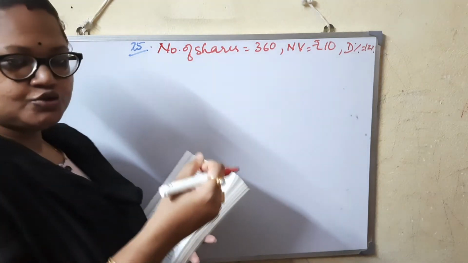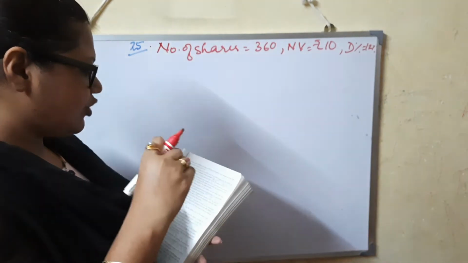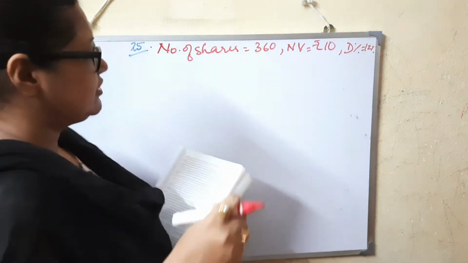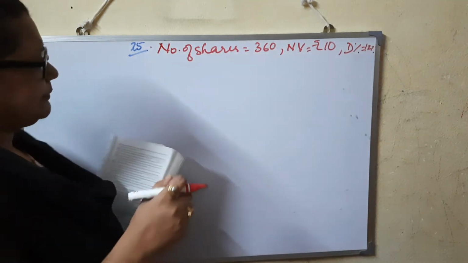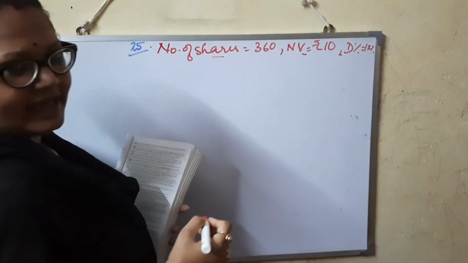There are two different parts in this type of sums. When the question asks you to find the change in income, first we find the first income. In that case, whatever we require to find the income, all three we have.